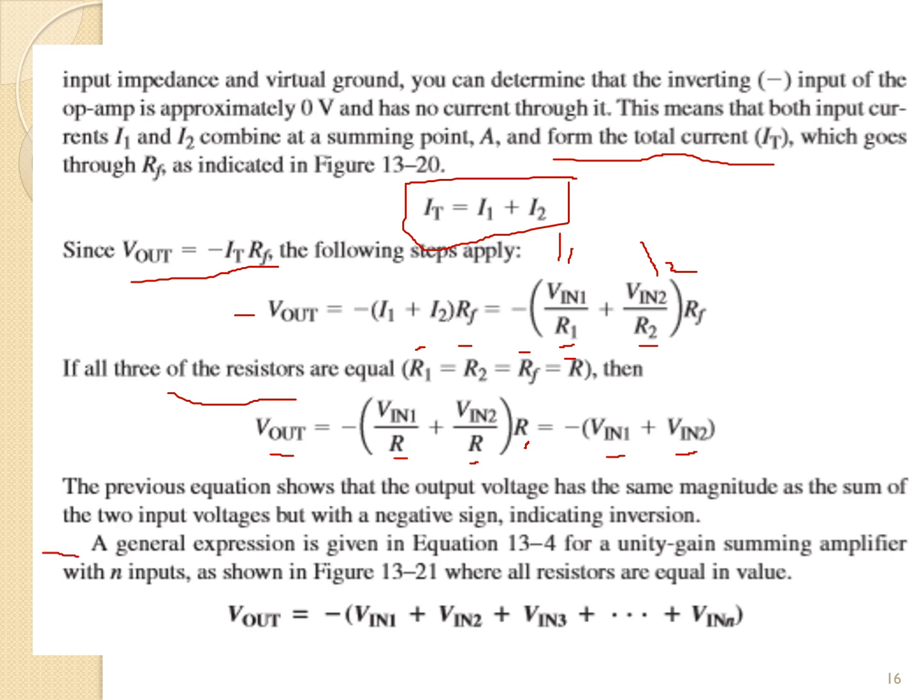Therefore, a general expression for the unity gain summing amplifier with N inputs where all resistors are equal is V out is equal to negative V in 1 plus V in 2 plus V in 3 plus V in N.